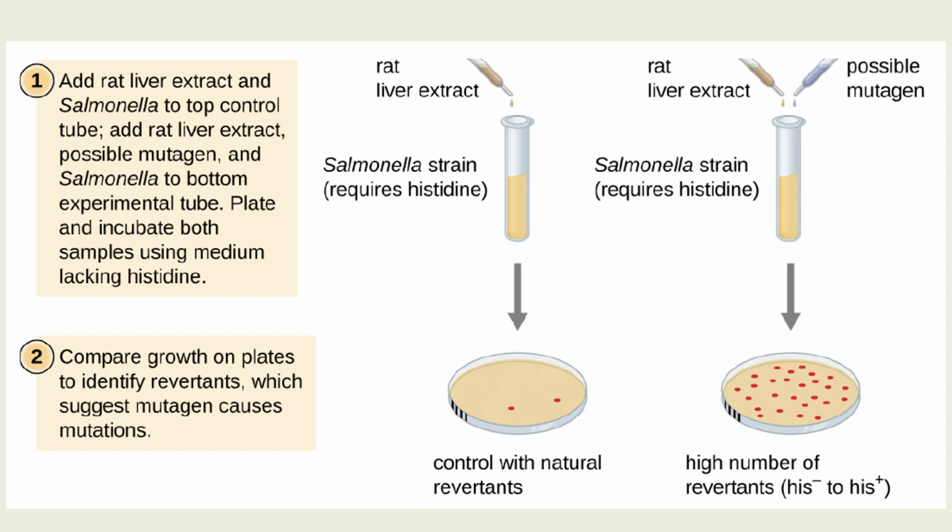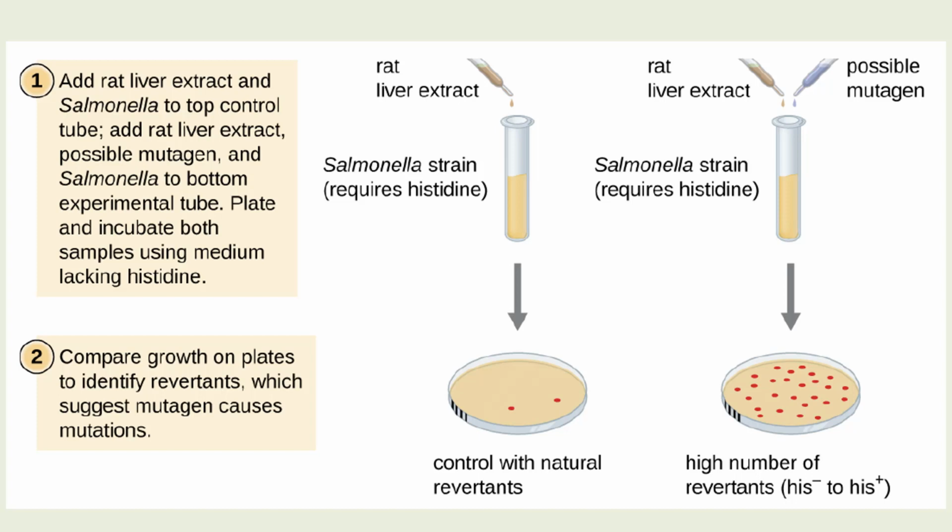Now remember, it takes only one enzyme to lose the ability to make histidine, but we have to actually revert that mutation that occurred in that one enzyme so that it can gain its function back to go from an auxotroph to a prototroph.